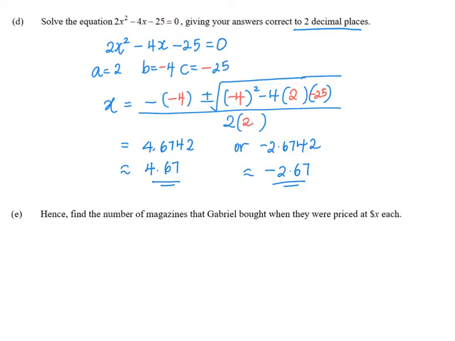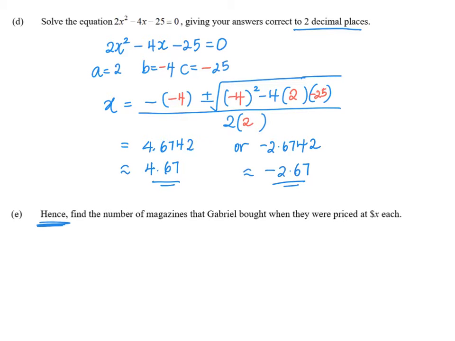Okay, now next part, question E asks us to find, hence, meaning you need to use one of the answers on top to find the solution to this problem. But the question is, which x value should I take? Let's recall a little bit. X is the price of each magazine in dollars.